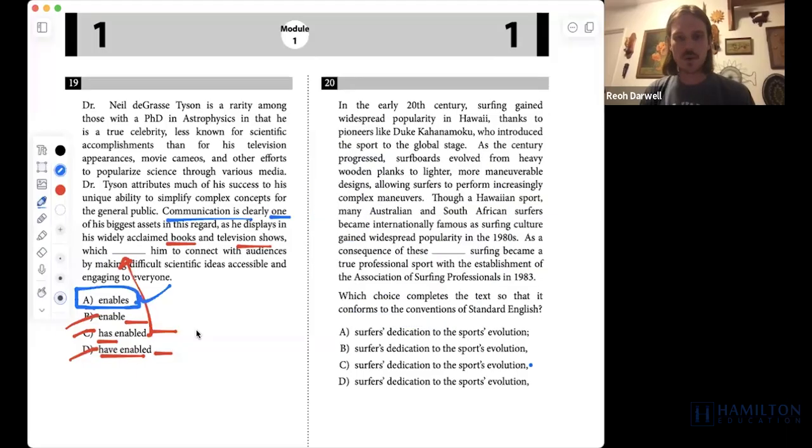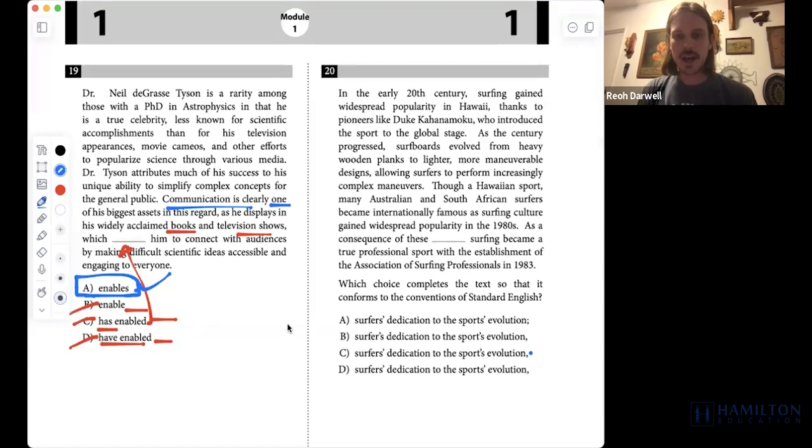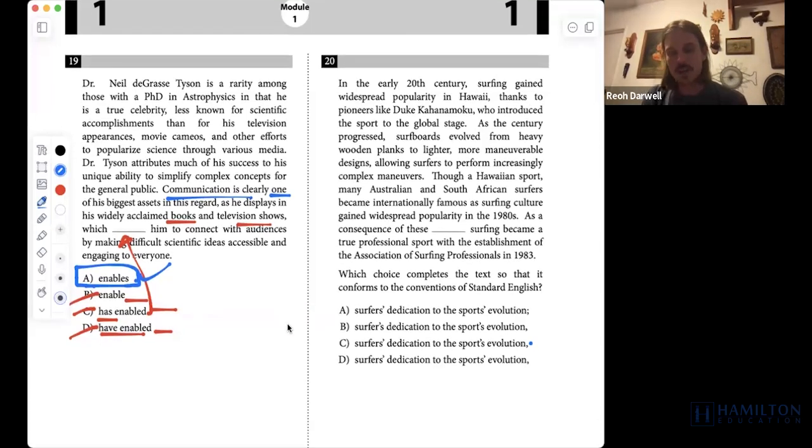All right, so for question 20 here, we have a couple of different things at play, right? So we are trying to decide how to show the proper number and the proper addition of an apostrophe to show possession for these here. Okay, so we need to understand that surfers is plural. So because surfers is plural, we need to make sure that our S comes before our apostrophe.